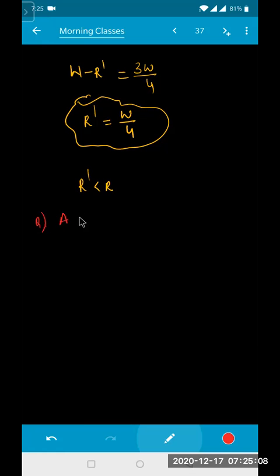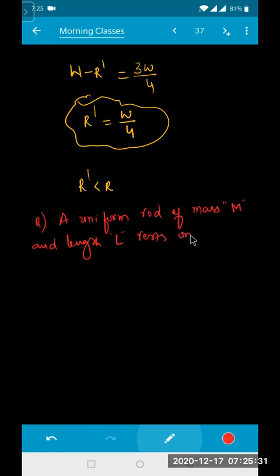Yes, sir. I am trying to give you a very good question. A uniform rod of mass capital M and length capital L rests on two supports.